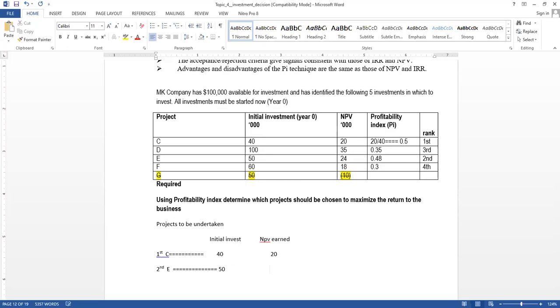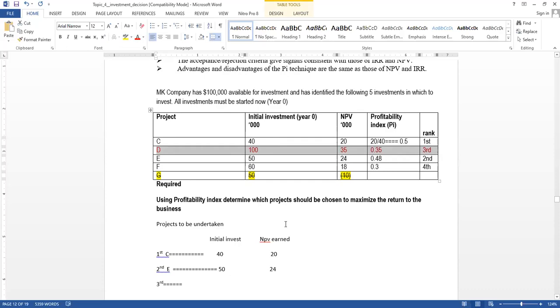The NPV earned under this is 24. Then I go to the project that is third. Now, third is project D. But remember my available funds.